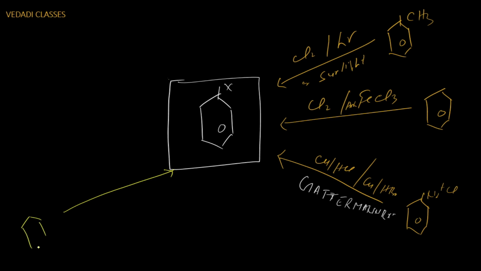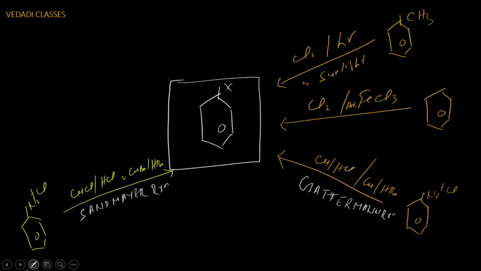Again we just take the benzene diazonium chloride with CuCl and HCl, or CuBr and HBr. This is known as the Sandmeyer reaction. So now we'll move towards the next one.